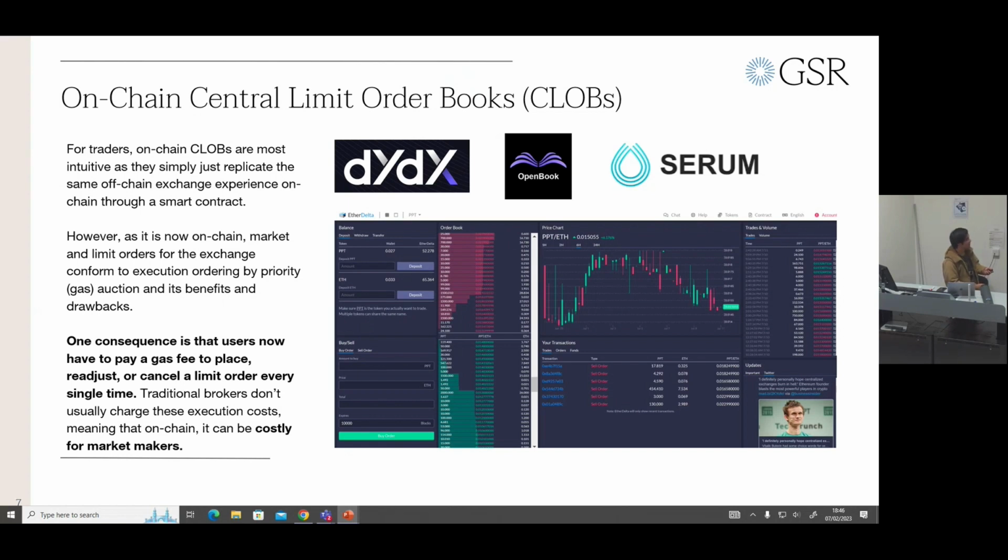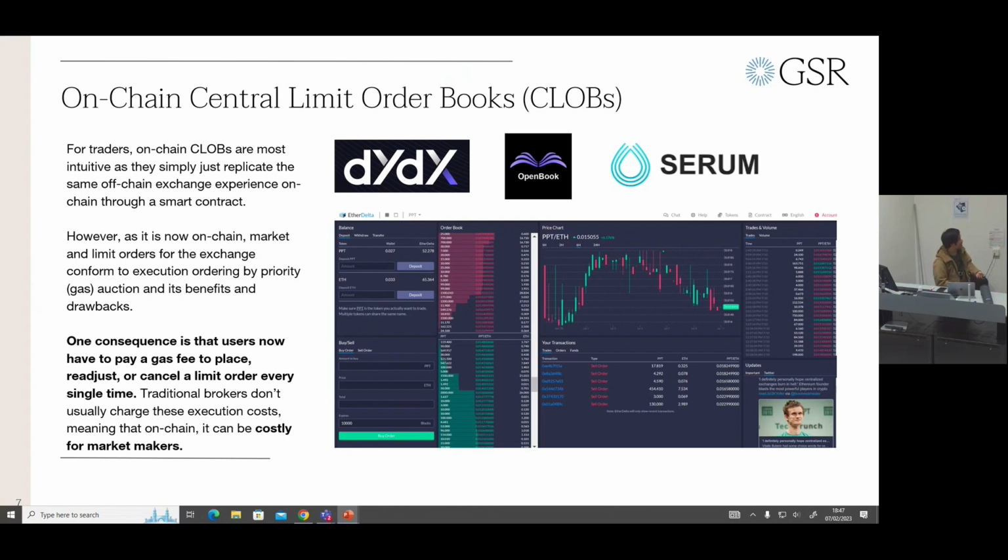Now that these order books are hosted on the blockchain, there are many different players trying to buy and sell different assets on this specific central order book. We call it a central limit order book because it's simply an order book of limit orders, hence the name.